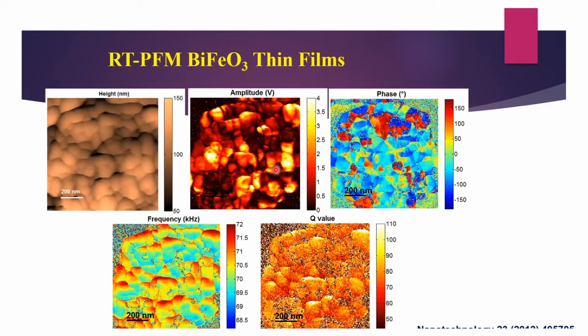Here is an example of this kind of measurement, and we can see the amplitude and the phase without the topographic effect, and we additionally have maps of frequency and the Q value.